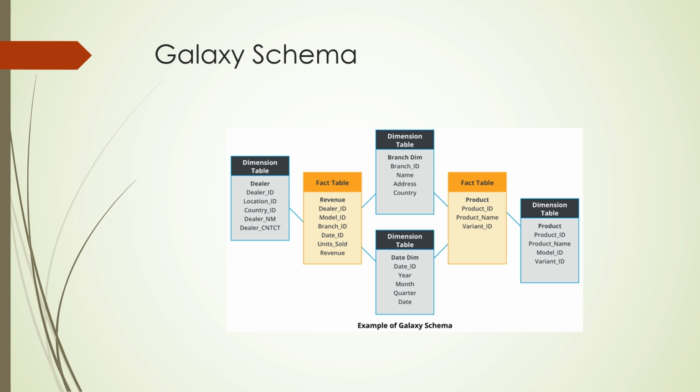In snowflake schema, we are having only one fact table, but we are allowed to have multiple subdimensions. When compared to the galaxy schema, here we are having multiple fact tables and the first level dimension is also permitted in the galaxy schema. So this is going to be the comparison between the star, snowflake, and galaxy schemas.